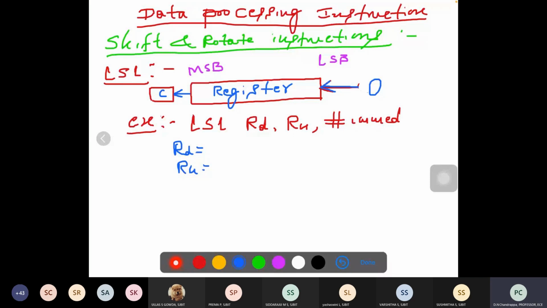RN equals the register holding the value to be shifted. And then finally the immediate, the shift length, or how many places we are going to shift. It is what they indicate for that.